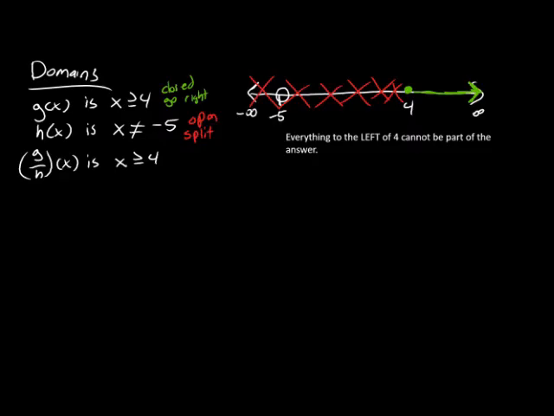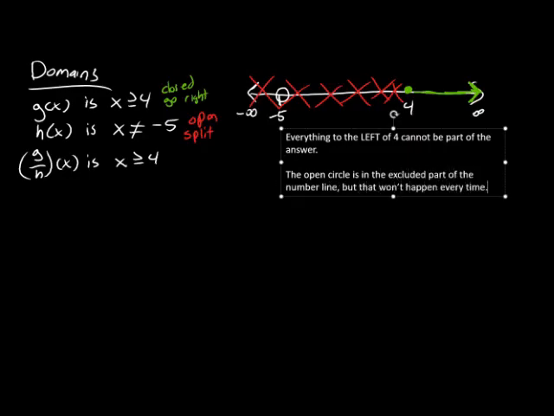But be careful, because when you do a combination function, you could get an open circle that's inside of the green zone, and that would affect the domain. Now, if we look at our new combination function, g over h of x, we have that x is still greater than or equal to 4, which we already knew previously. However, this also will not happen every time, so always check your combination functions as well.